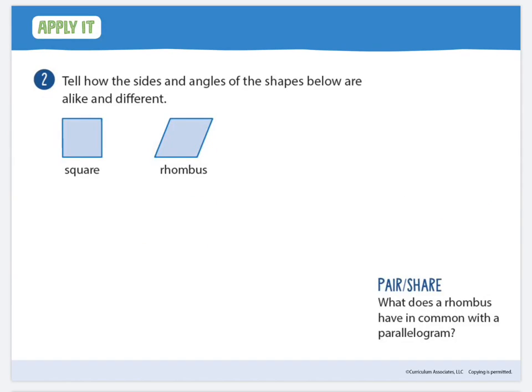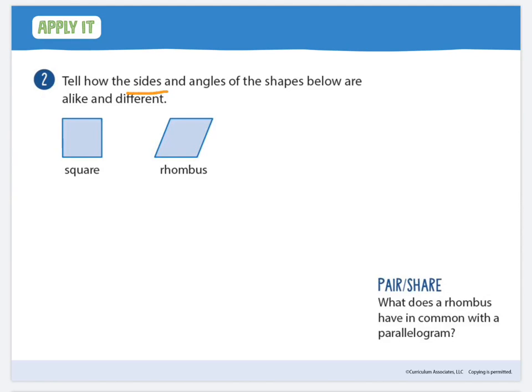So number 2 in your packet, you are going to be taking notes along with this. It's asking us to tell how the sides and angles of the shapes below are alike and how they are different. Let's start with the sides of our shape.